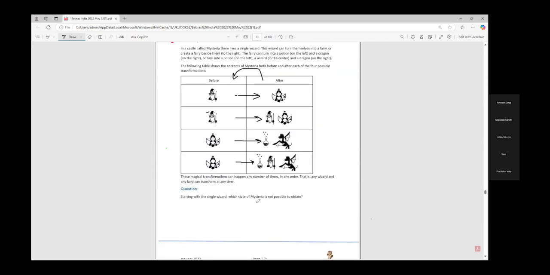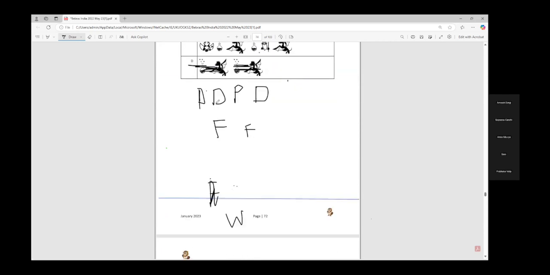So we have two fairies now, and we need to make two fairies into a wizard. So we see that if we get a fairy and a wizard, we can work backwards and get a wizard. And to get this wizard, we can just make one of our fairies, working backwards, a wizard.